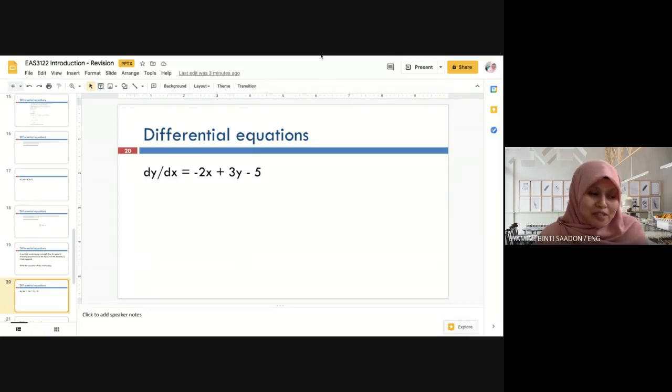So how do we do this? Minus 2 plus 3 dy/dx. That is minus 2 plus 3 dy/dx. Your answer? We wait for others first. I give a few minutes for all of you to have a chance to try to solve this differential equation.